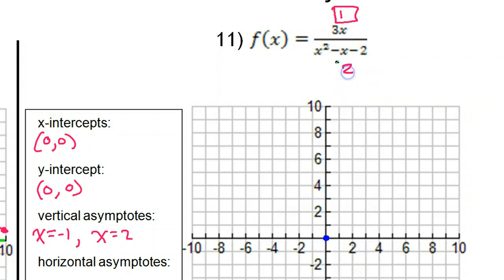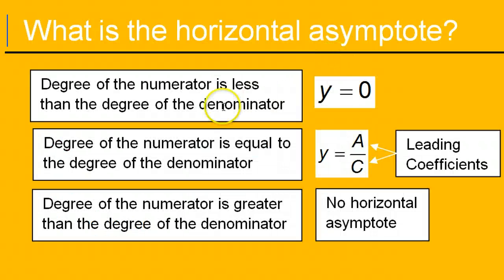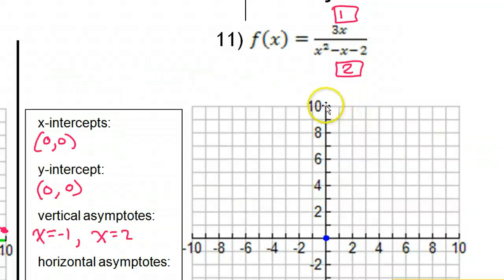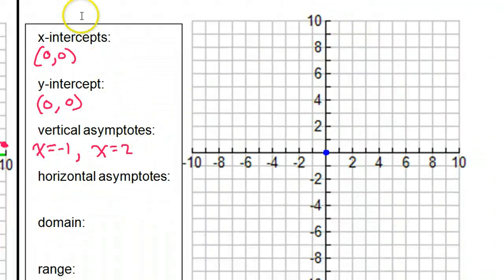The degree down here is 2, because of x squared. So the degree of the numerator is less. If the degree of the numerator is less than the degree of the denominator, y equals 0 is the horizontal asymptote. So that means the horizontal asymptote is simply y equals 0. So let's go ahead and graph these three asymptotes.